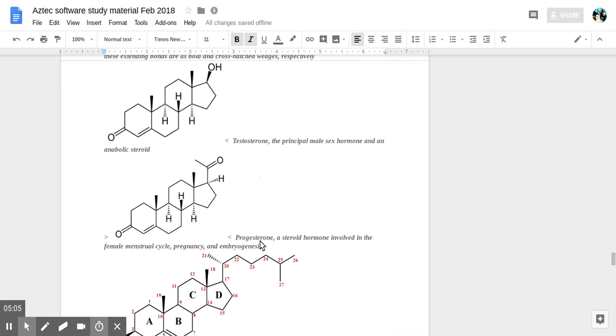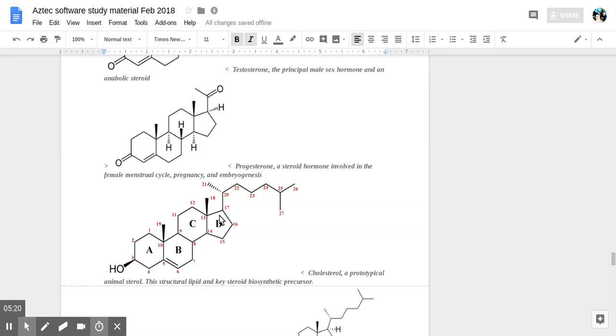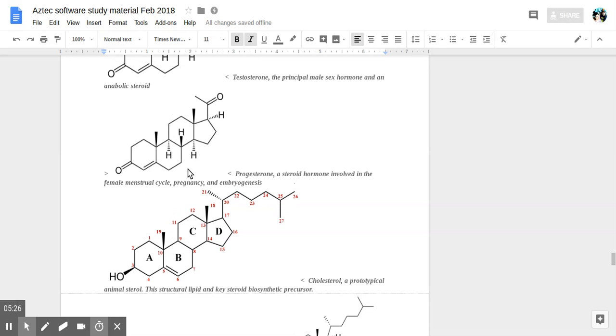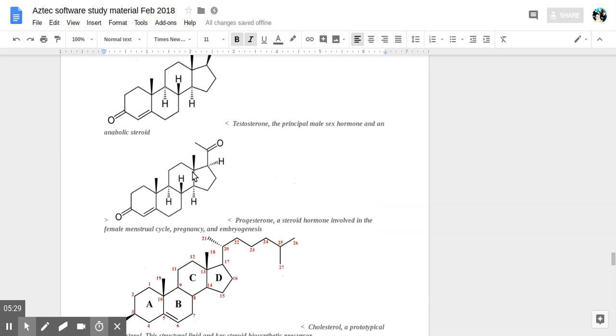This one is progesterone, a steroid hormone involved in the female. It is involved in pregnancy, embryogenesis, and reproduction. And its side chain is this one right here.